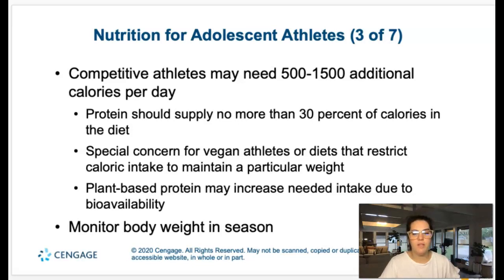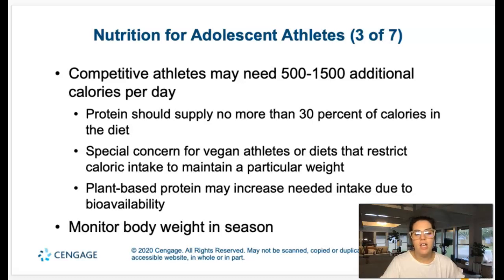We're going to talk a little bit about the nutrients that may be most deficient in athletes, but we're really going to impress that on vegan athletes or diets that restrict whole food groups or calories to maintain a specific weight.